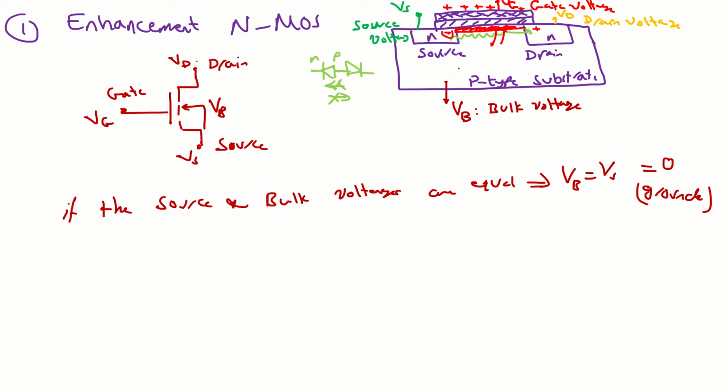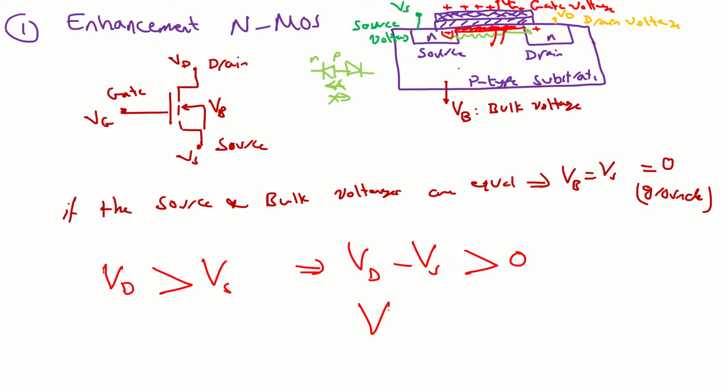So my point is, take it as a rule. From now on, for the enhancement n-MOSFET here, VD should be more than VS. So here you can say VD should be greater than VS. Or you can say VD minus VS is greater than 0. Or you can say VDS greater than 0.